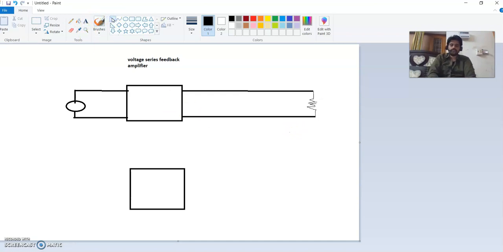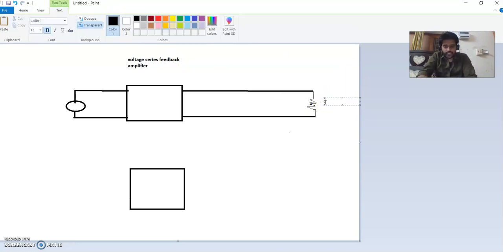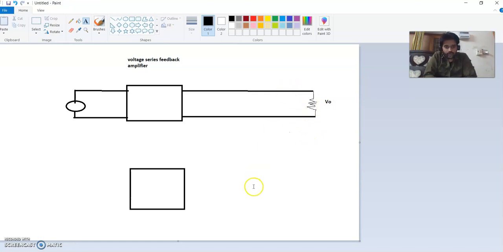Fine. And students, if you see the first word, voltage is going to be sampled, right? So from the output I have to take the voltage quantity. Whatever voltage is developed across RL is V naught, let it be V naught. So I have to take the same V naught as input for this feedback.